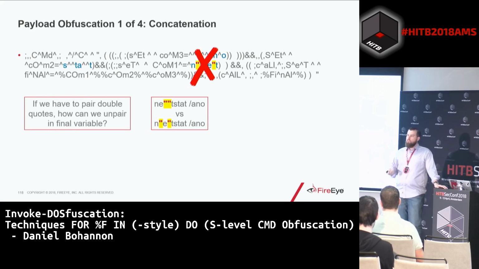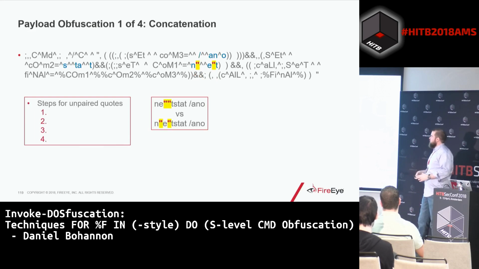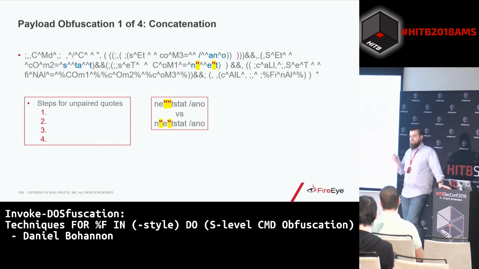The only reason this works is for the adjacent double quotes. It's almost like you took your whole argument and broke it into two pieces and just have them adjacent side by side. So when you start to move those double quotes not side by side, it gets really weird and it actually doesn't work. So it led me to come up to this 4-step solution to basically be able to have the final process run with non-adjacent double quotes.